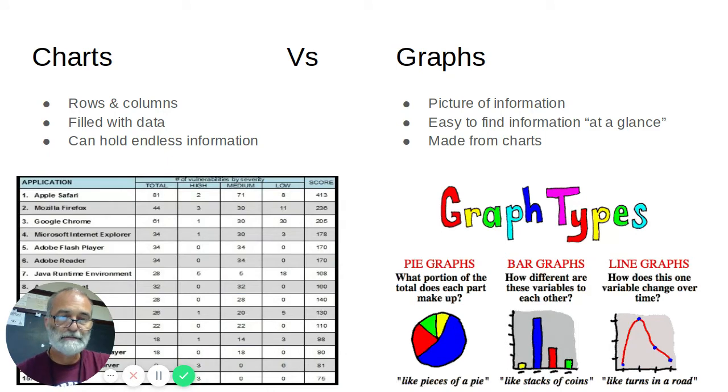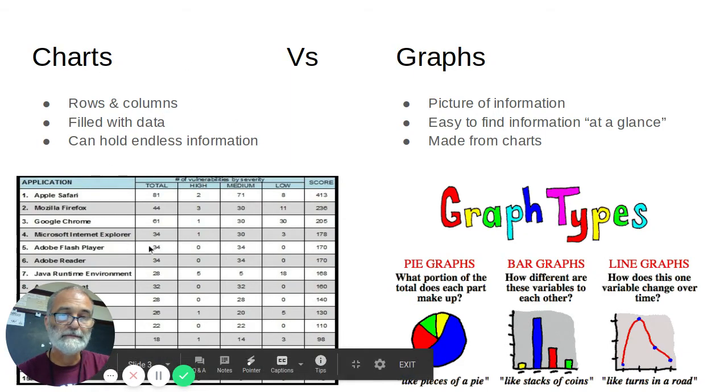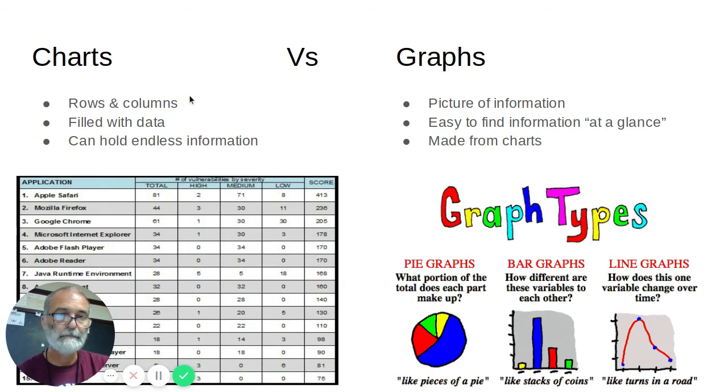Charts versus graphs. Very, very important. And one of the reasons why this is so important is Google doesn't even know the difference between a chart and a graph. Google calls what we call graphs charts, and they call what we call charts tables. So on the left side of your screen here, with rows and columns and numbers, that is what you would call a Google Sheet.